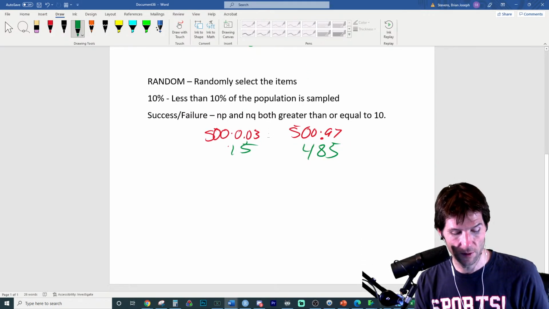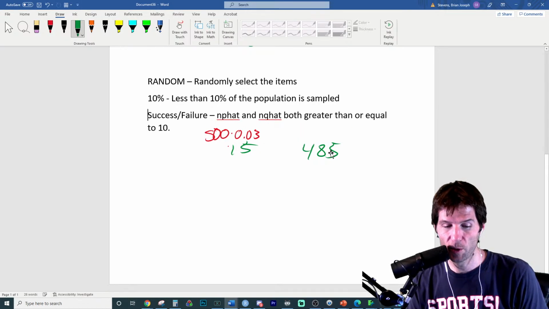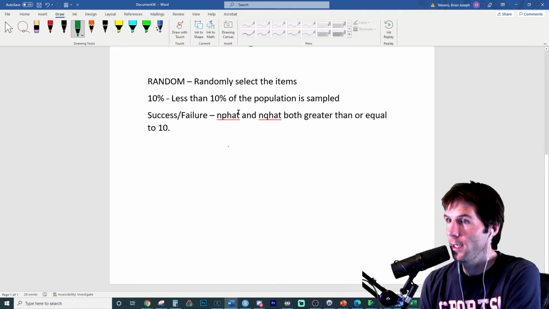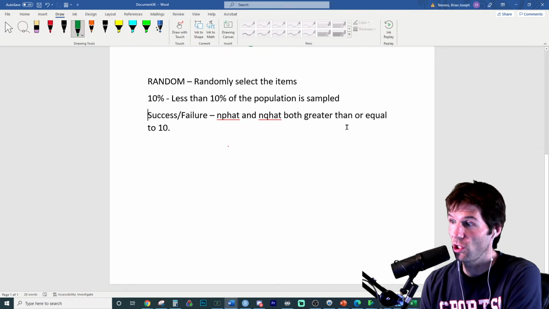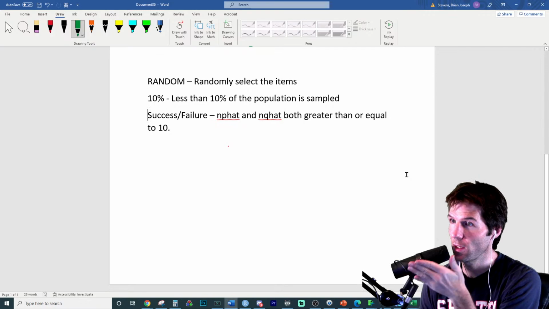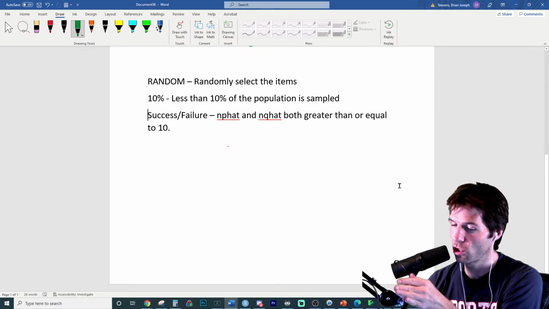Since it's confidence intervals, it's np hat and nq hat. Because if we're doing confidence intervals, we don't know the truth. So the only change to it is we're using np hat and nq hat. In truth, this is a slightly different condition that goes by the same name. It's still success failure, but it's np hat and nq hat.